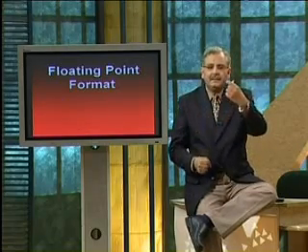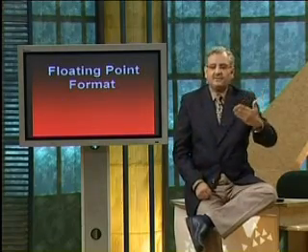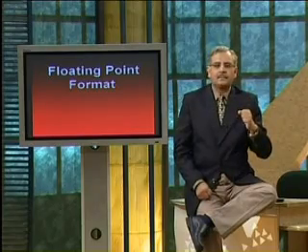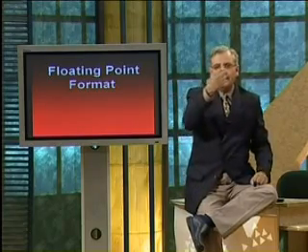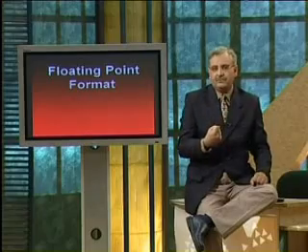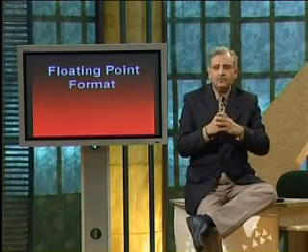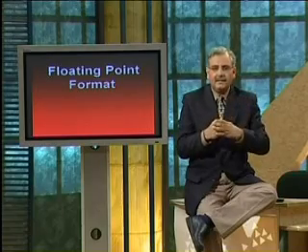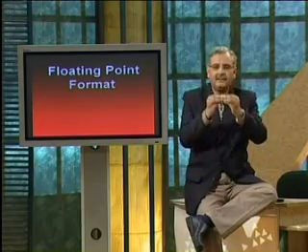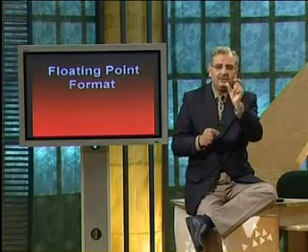Let's consider a negative exponent, such as minus 1. Instead of writing minus 1 directly in the 2-digit exponent field, you add a bias value 50 to minus 1, which gives you 49. So you write 49 in the 2-digit exponent field.